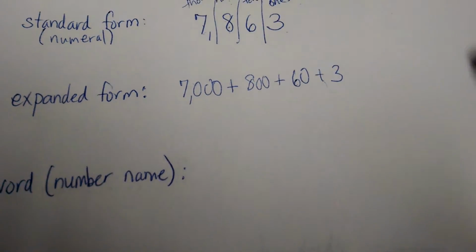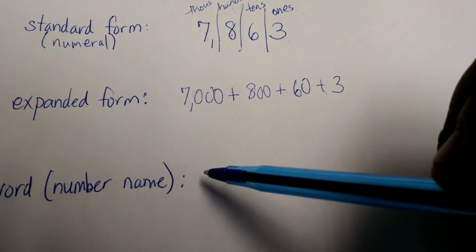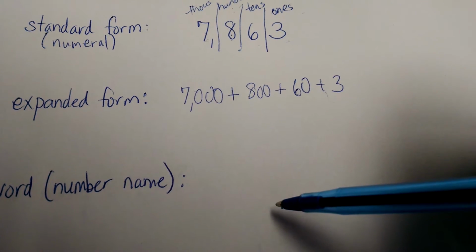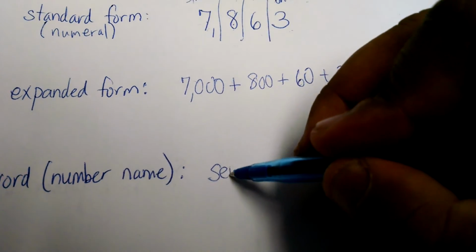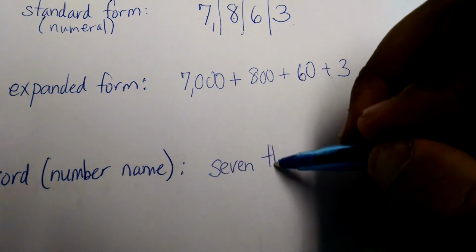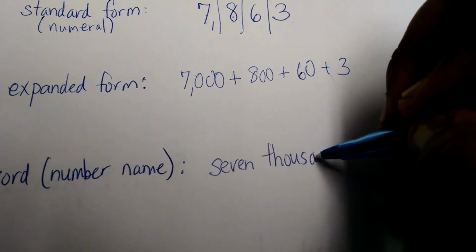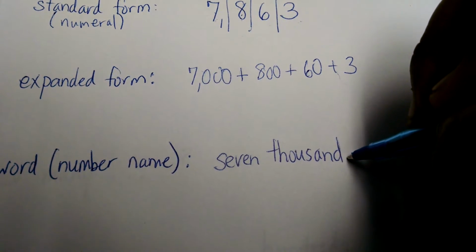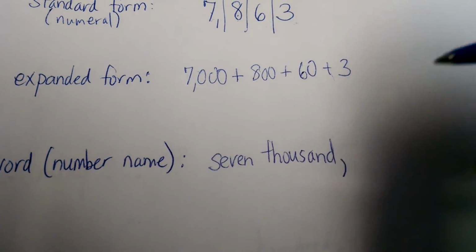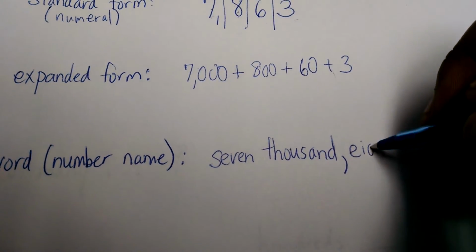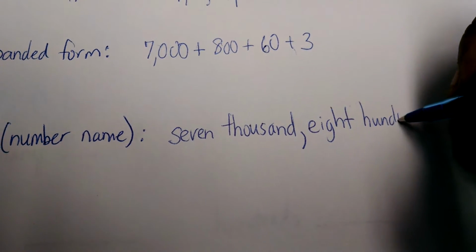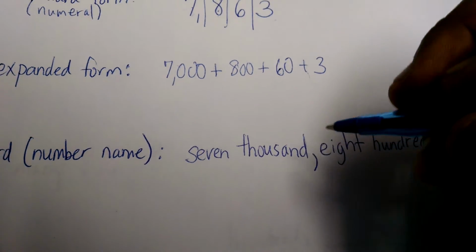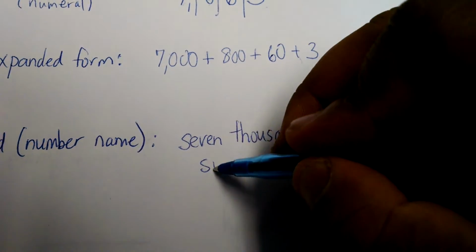And in word or number name, now I write it in words. So this is 7,000, and after the word thousand comes a comma. 7,863.